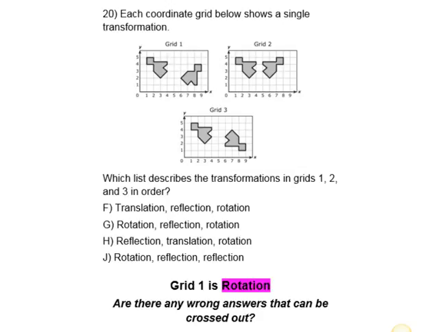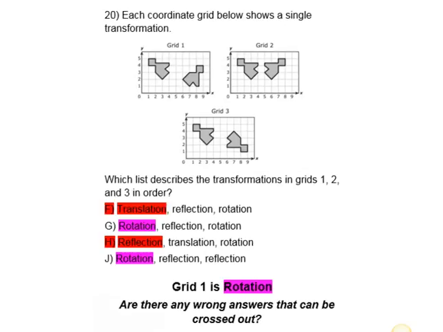So let's look at our answer choices. Since we know that grid 1 is a rotation, are there any answer choices we can cross out? If you said answer F and answer H, you are correct. Because for F, they're saying that grid 1 is translation.